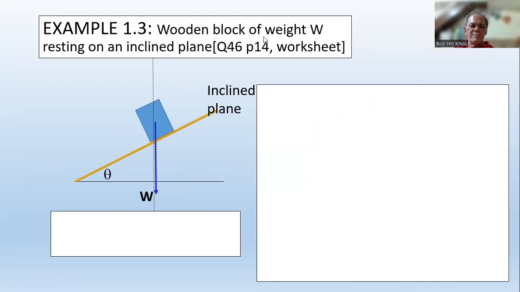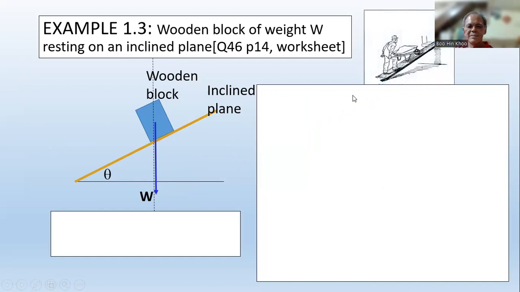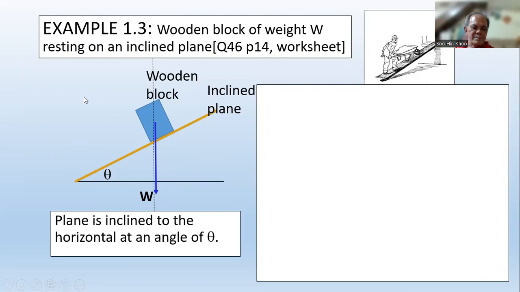A wooden block of weight W resting on the inclined plane. That's a wooden block. That's an inclined plane. The angle to the horizontal. That's an example of a man moving sand up an inclined plane. The plane is inclined to the horizontal at an angle of theta. Basically, we are interested in motion up or down the plane, or perpendicular to the plane.